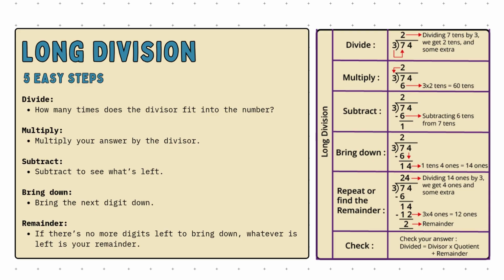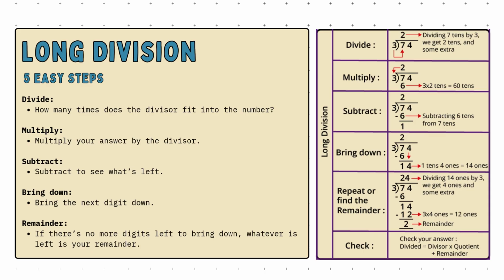From 74, now we have 14. How many times does 3 go into 14? 3, 6, 9, 12. So 3 goes into 14 4 times because 3 times 4 equals 12. So now we subtract. 14 minus 12 is 2. Now we check. Is there anything left to bring down?